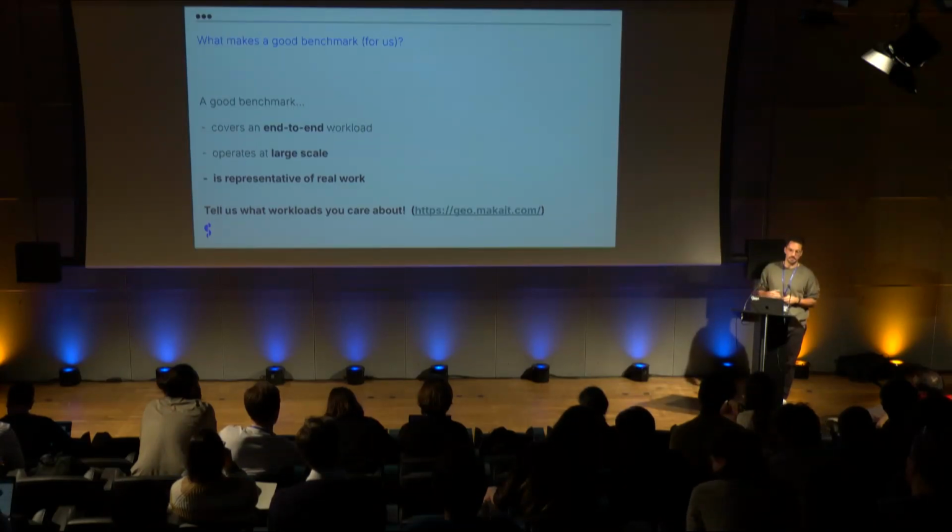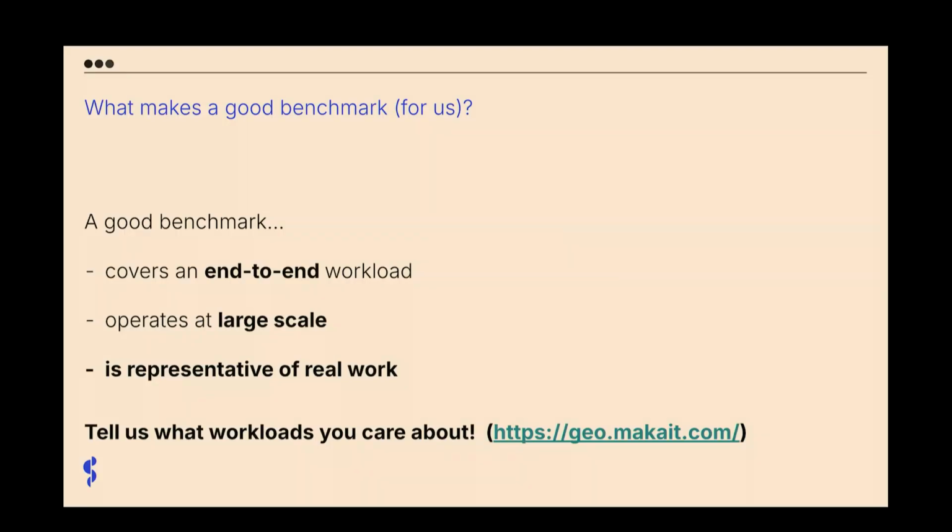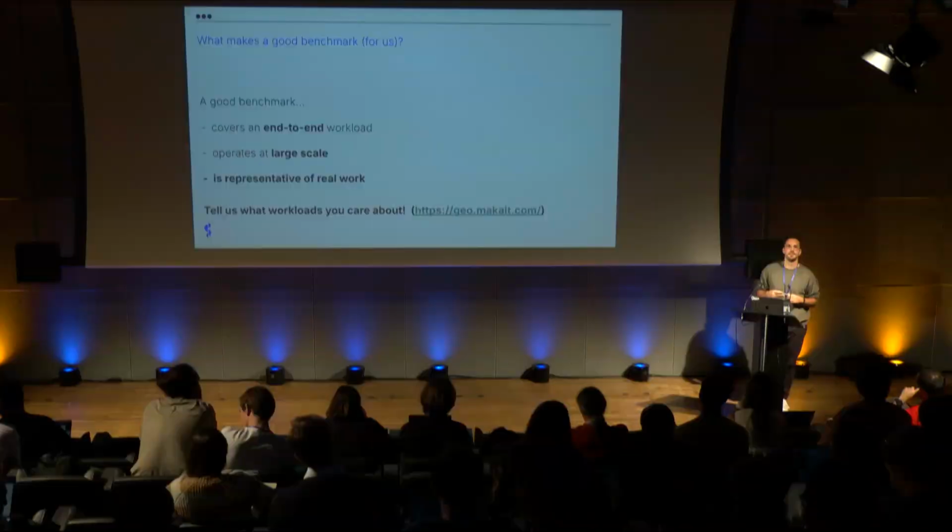And most importantly, this has to be representative of real work. That's also where we start to have a problem over at Coiled, because we're not geoscientists. We're experts in Dask and the deployment of Dask. But we don't want to build made-up benchmarks in our ivory tower that do not reflect reality at all and then optimize for something nobody cares about. Instead, we want to optimize for things that users actually care about.